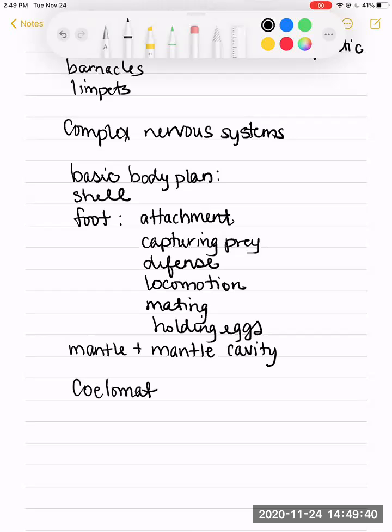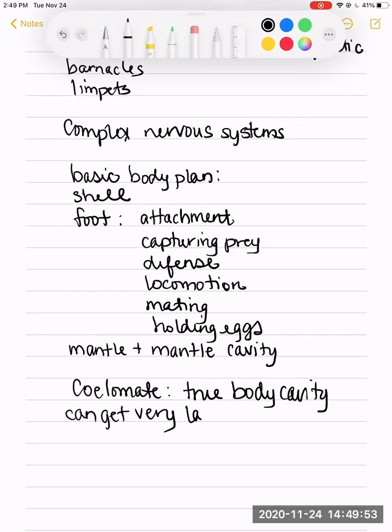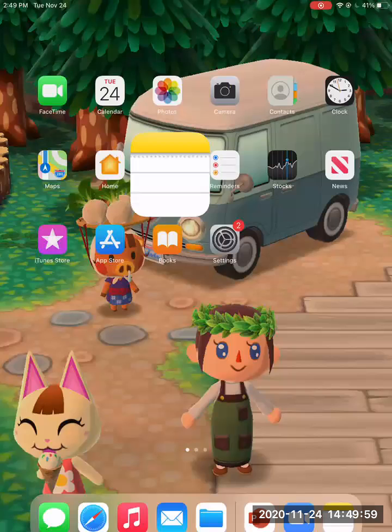So they have a true coelom, a true body cavity. And that's how they're able to develop this complexity. And they can get very large, octopus, very large squid in particular. So let's look at some examples of those.